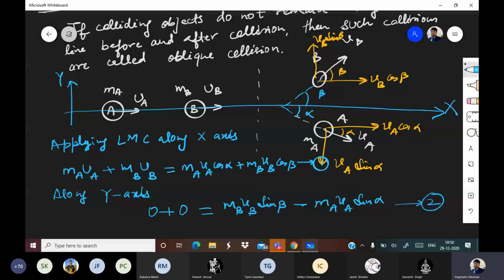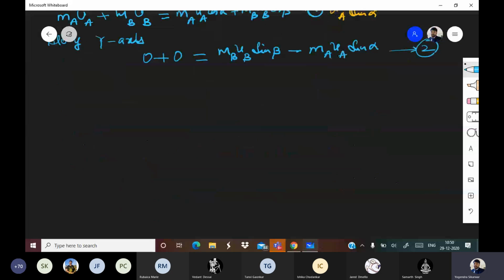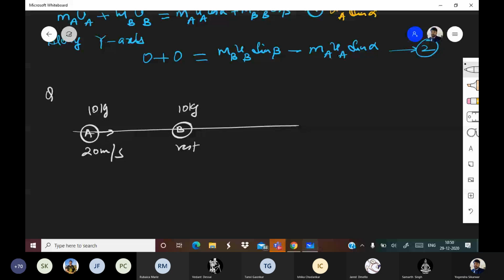All right. Now let us solve some questions. Question. This is B, mass is, let's say, 10 kg. This is A, mass is again 10 kg. B is at rest. A is moving with 20 meters per second.